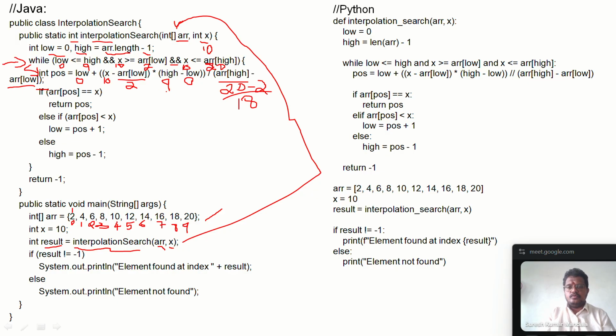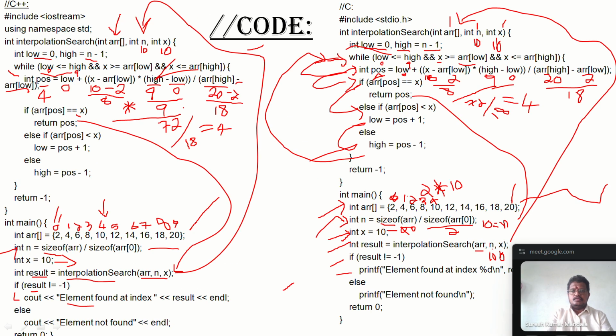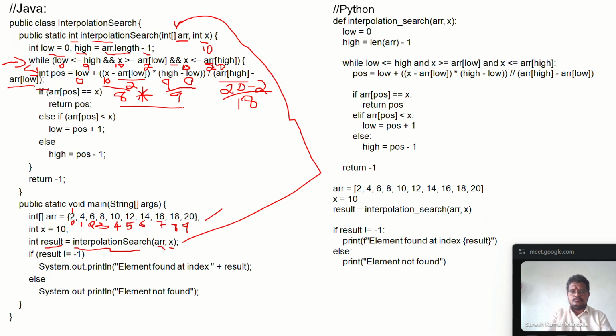Here 9 minus 0 means 9. 10 minus 2 means 8. 8 into 9 means, already we calculated here, 72.